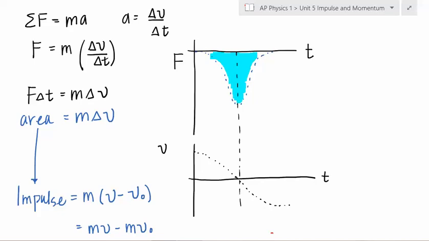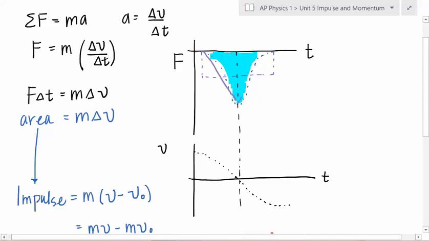So maybe you have the average force. Well, the average force would kind of be like in the middle, right? And if you took the average force and multiplied it times the time, it looks better if you model it as a triangle.